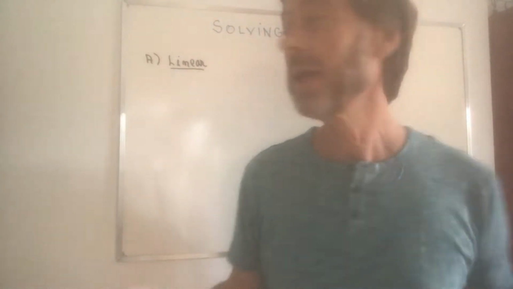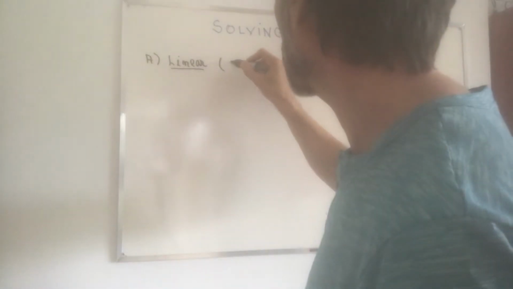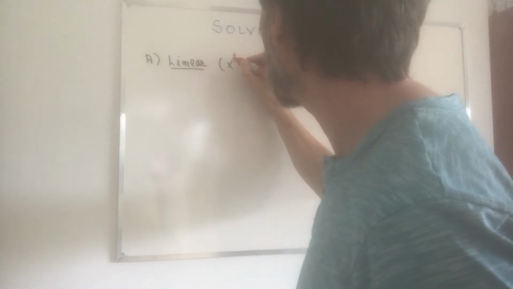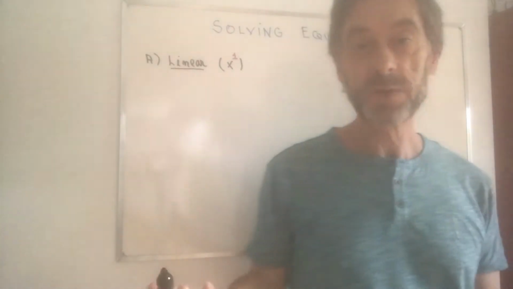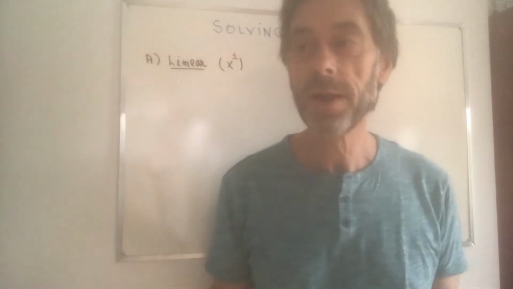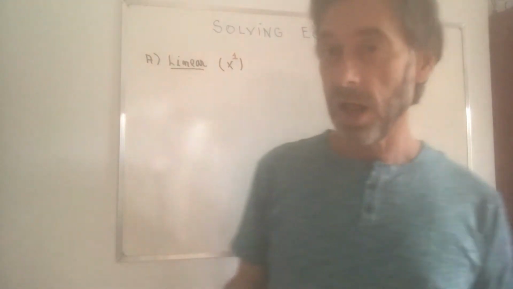linear equations. Linear means line, and that means these are going to be x to the power of one type of equations, right? So linear means that basically the equation has an x to the 1 in it. I think we all know how to solve this, right?